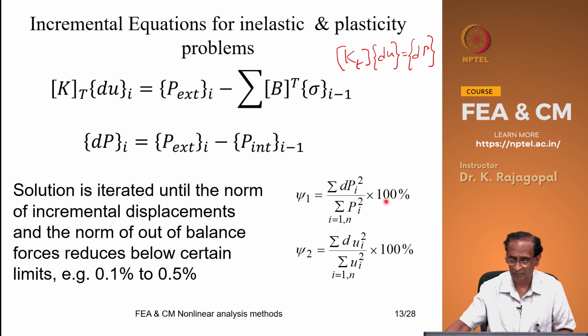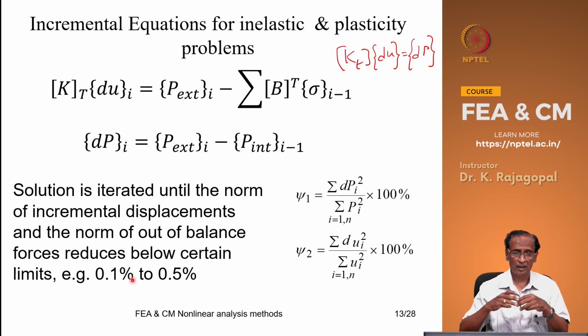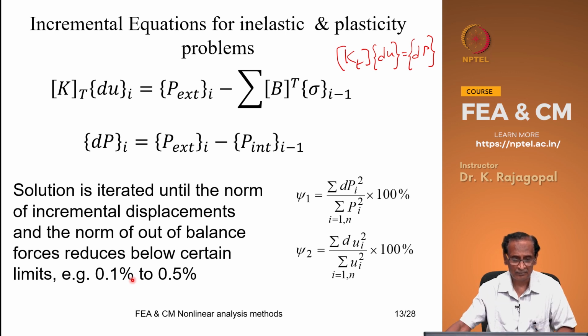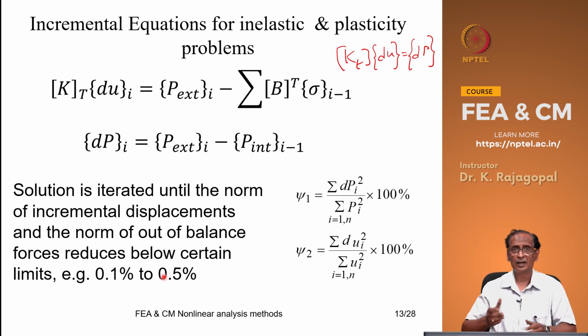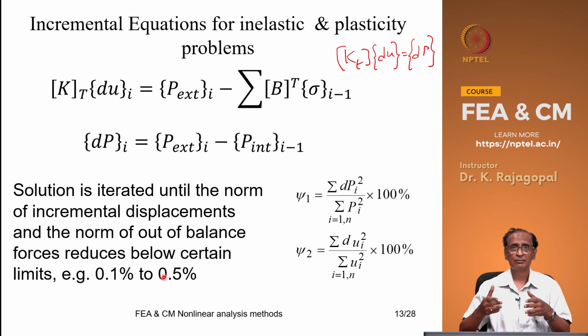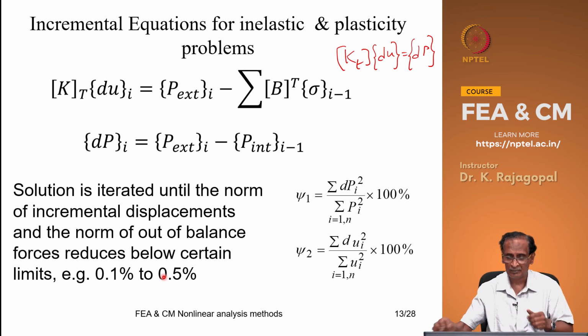This is multiplied by 100%, and an acceptable convergence norm is that the norm of the out of balance force should be about 0.1 to 0.5%, and in some highly nonlinear problems we may not be able to reach this level of convergence. We might increase it to 1% tolerance or something.